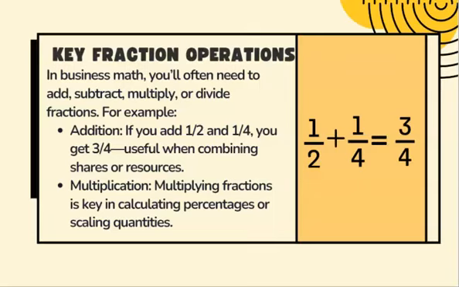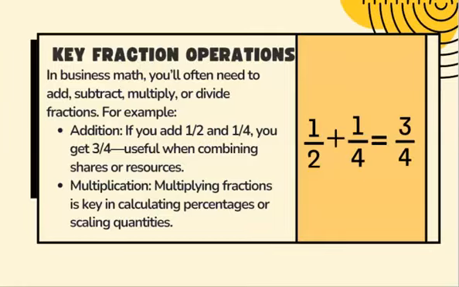When we get to multiplying fractions, it gets interesting. Multiplying fractions is straightforward. You simply multiply the numerators together and the denominators together. For example, 1/2 plus 1/3 equals 1/6. And this operation is essential when calculating proportions or scaling quantities in business.